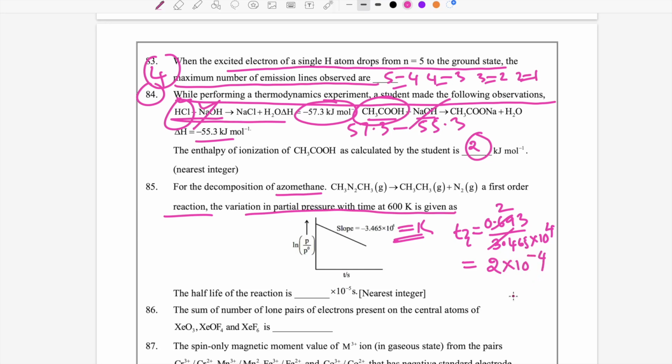To bring it to the required form, we need to increase the power by one. So it would be 0.2 into 10 power minus 4, so the answer for this question is 2 into 10 power minus 5.